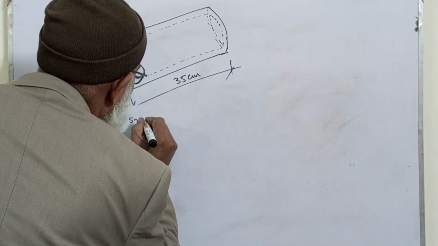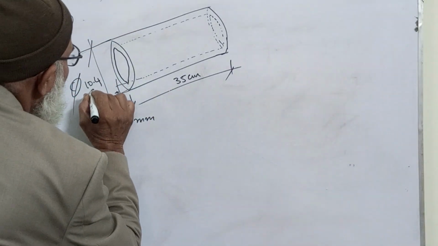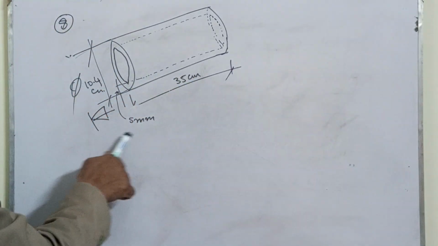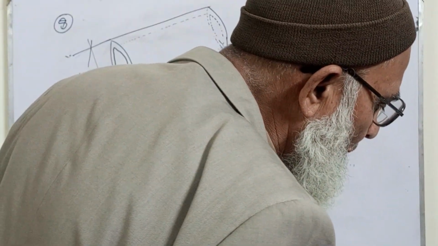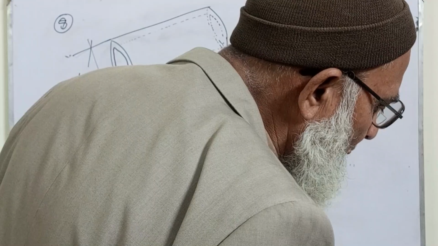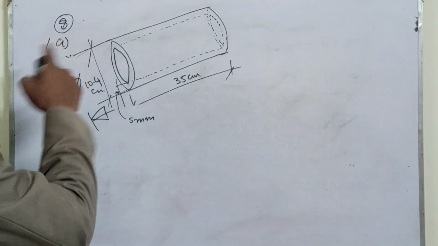This is 5 mm. All other are in centimeters: this is centimeter, this is centimeter, and this is millimeter. Okay, 5 millimeter, 35. This is part A. Part A is done for us.